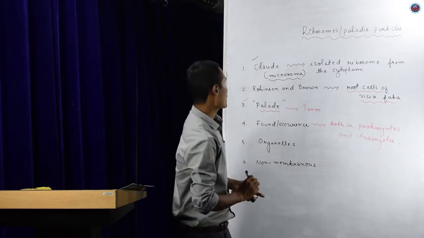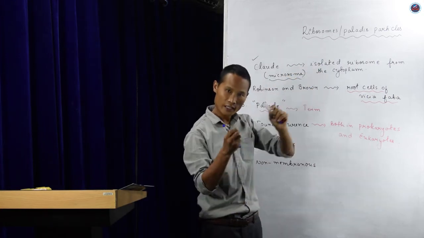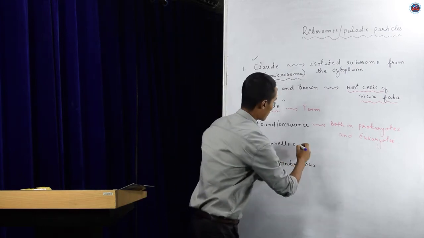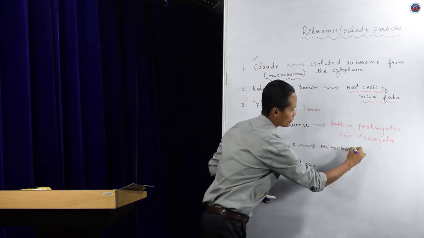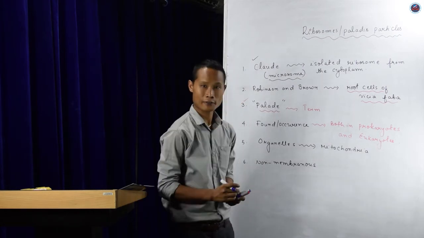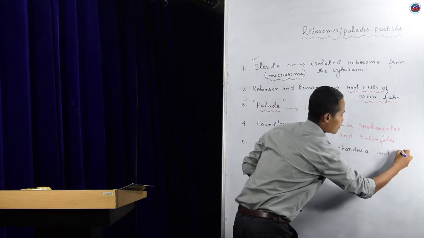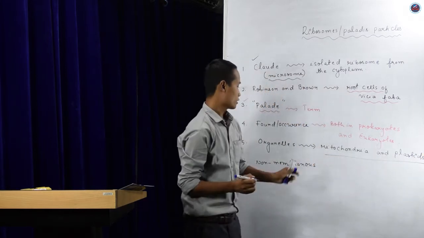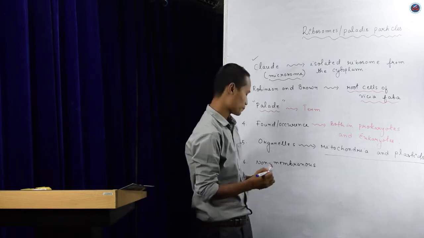They are also found in other organelles like mitochondria. We have already discussed that in mitochondria there is a 70S ribosome. Mitochondria and plastids are the two organelles where you find ribosomes.